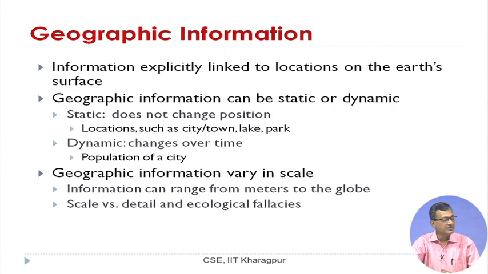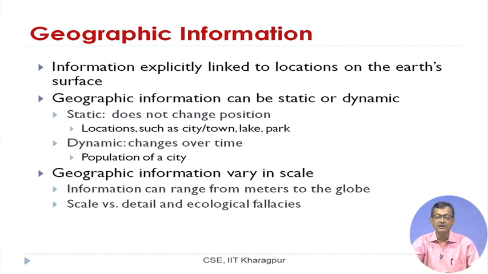Geographic information can be static or dynamic. Static means it does not change with time or changes over a long period of time, like the boundary of a state or a boundary of a district, or sometimes a park or lake; they are not changing day in day out.